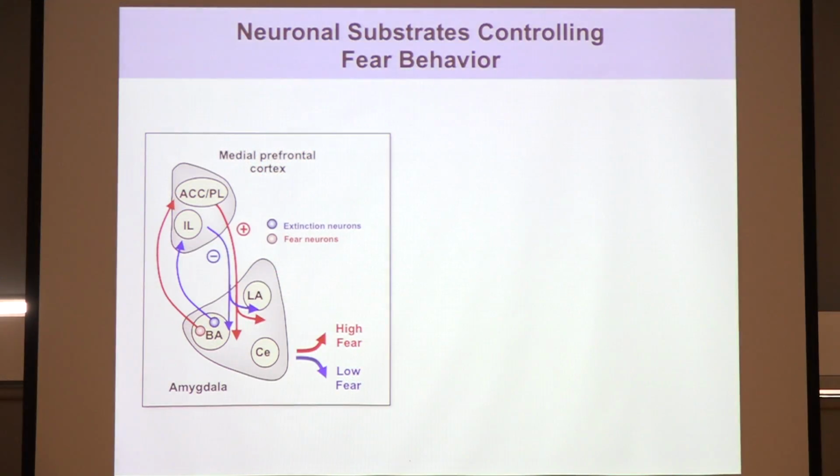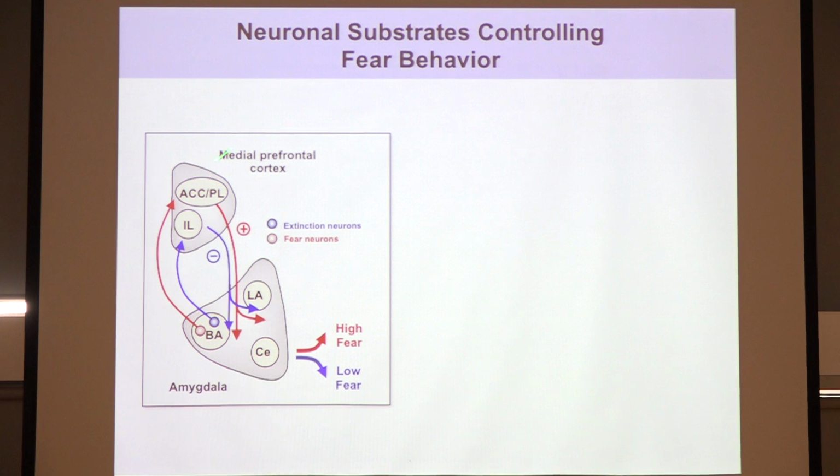We know they project differentially to the prelimbic, or dorsal prefrontal cortex, or the ventral infralimbic area. So fear neurons project to the prelimbic, extinction neurons to the infralimbic. And we know that the stimulation of these two areas produces different behavioral output. If you activate the PL, you induce high fear. If you activate the IL, you induce low fear.